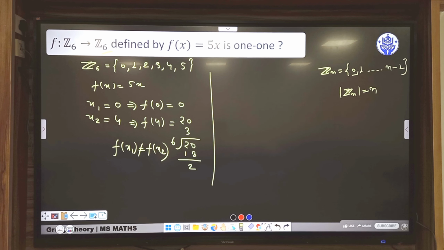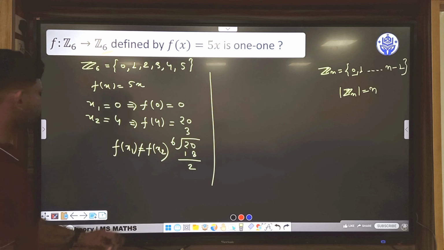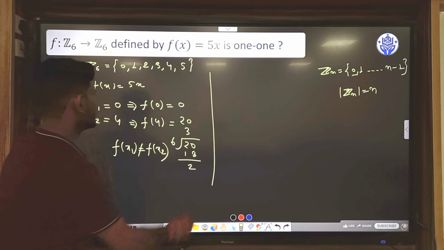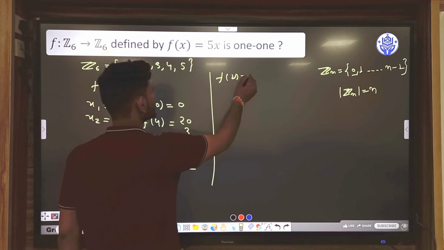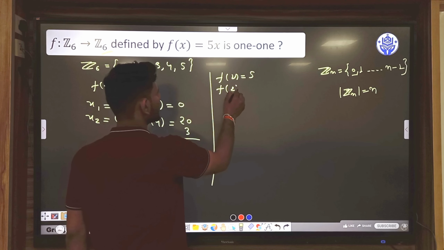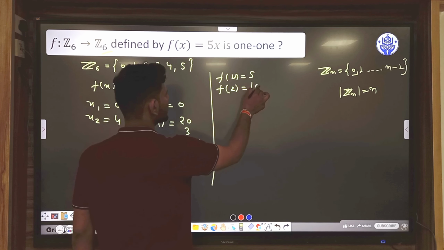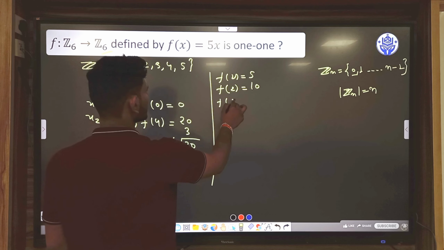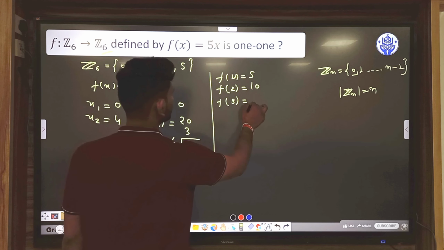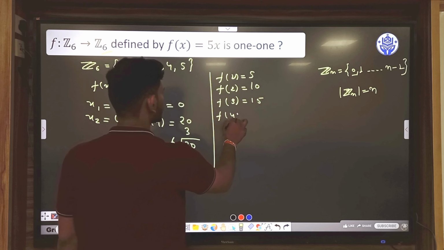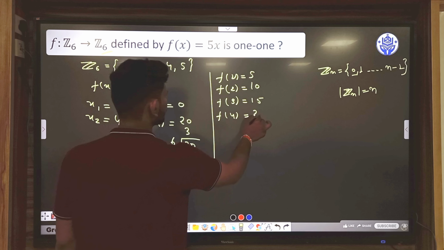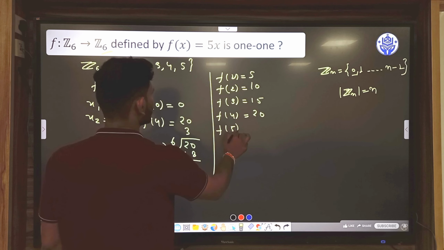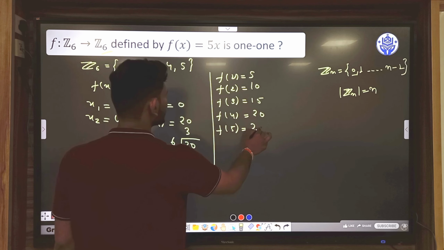In this case, f of 1 is 5, f of 2 is 10, f of 3 is 15, f of 4 is 20, and f of 5 is 25.